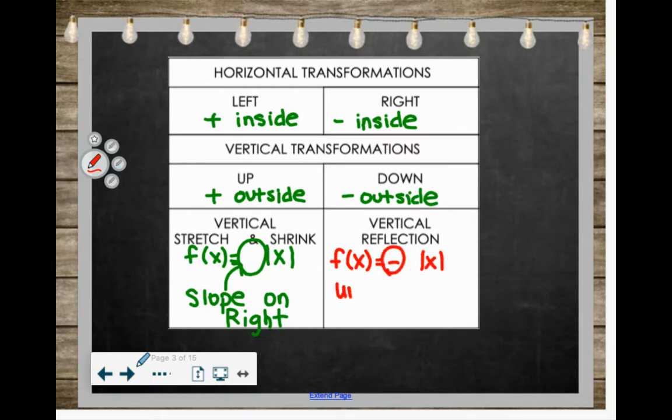And this means that the graph is going to be upside down. But really, this plays into the same thing as this, that the slope on the right side will just be negative instead of positive. And I know that doesn't make a whole lot of sense just yet, but it will once we've done a couple examples.